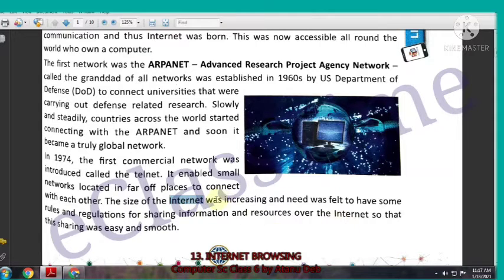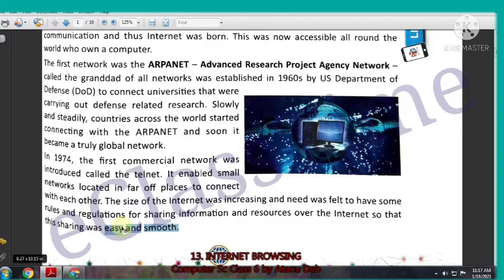So the basic purpose of internet was to share information and resources over the internet. There were some rules and regulations also laid down so that this sharing could be easy and smooth.